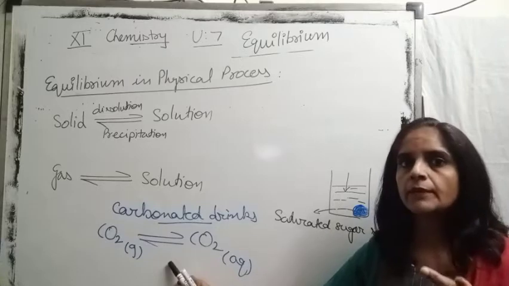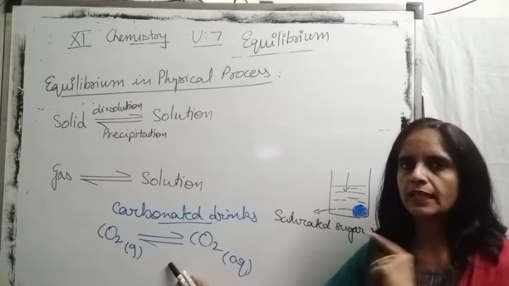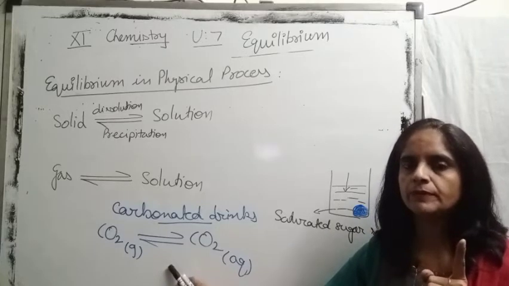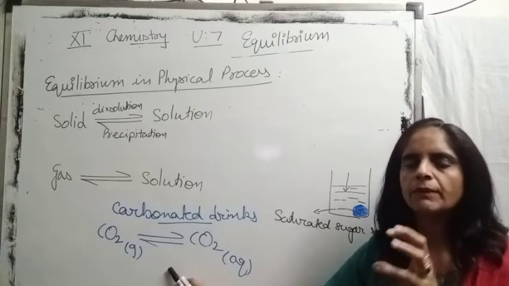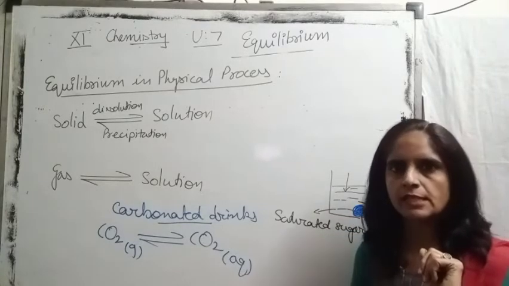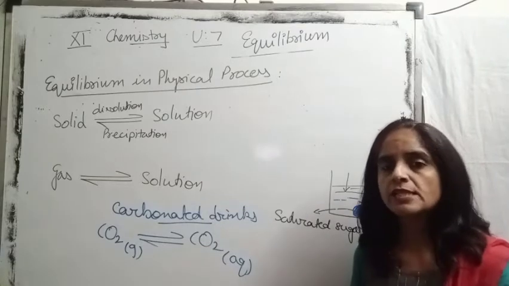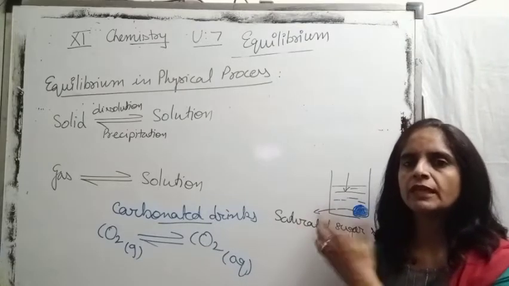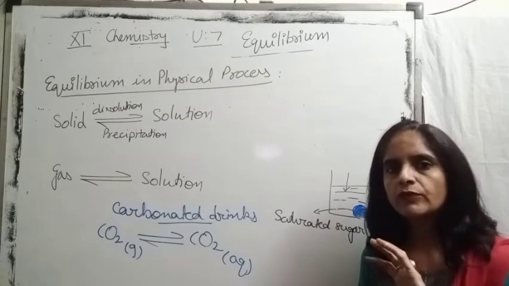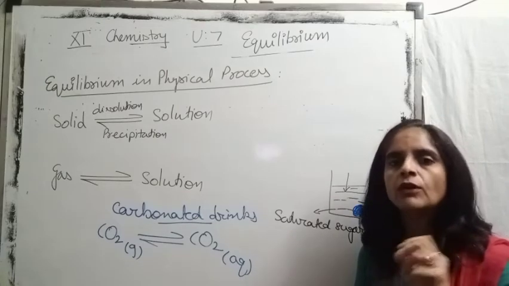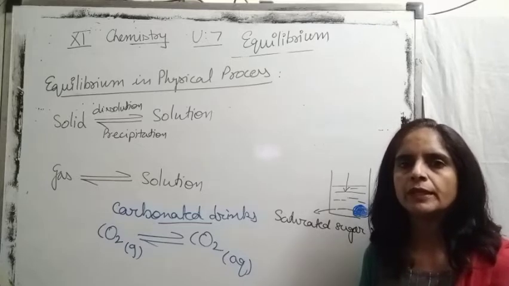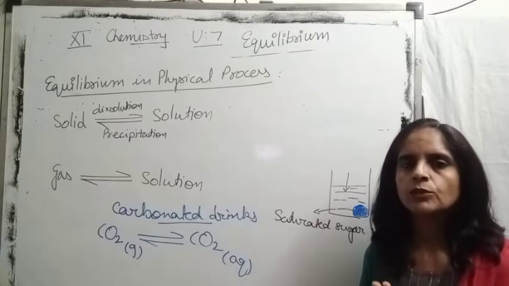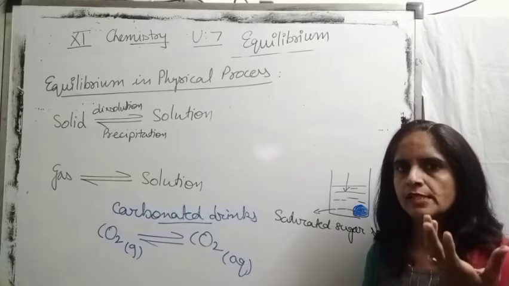If we disturb any condition, this was one of the characteristics of equilibrium. Remember that at the equilibrium stage, measurable properties of the system become constant. If we try to disturb these properties, equilibrium will get disturbed. So when we open that soda water bottle or any aerated drink bottle, we are disturbing that equilibrium condition. Due to that, the gas fizzes out.